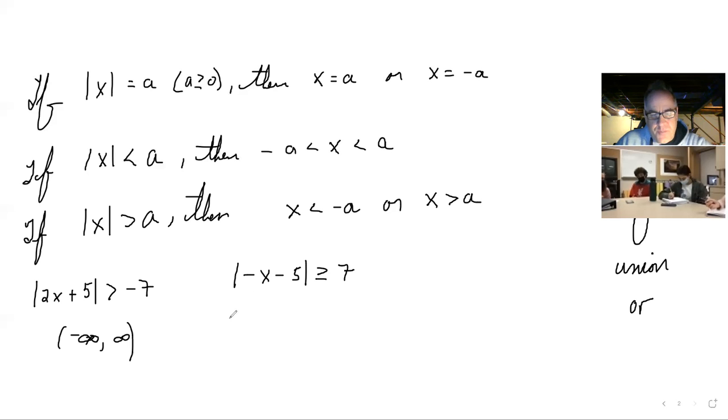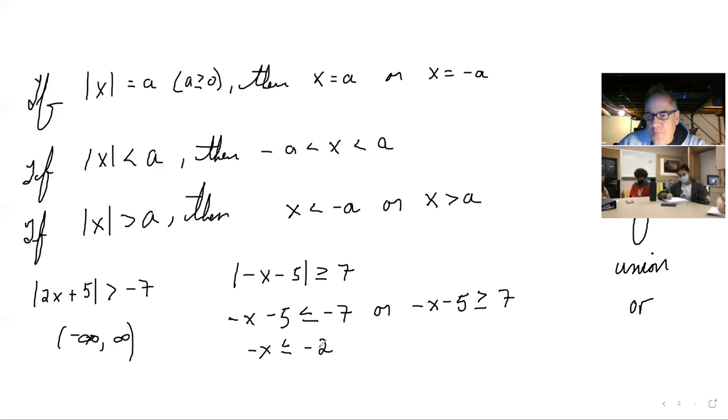Whatever's inside, don't change the signs: -x minus 5 is less than or equal to -7, or -x minus 5 is greater than or equal to 7. And then I just algebraically solve for each. So add 5 both sides, I'd have -x less than or equal to -2.